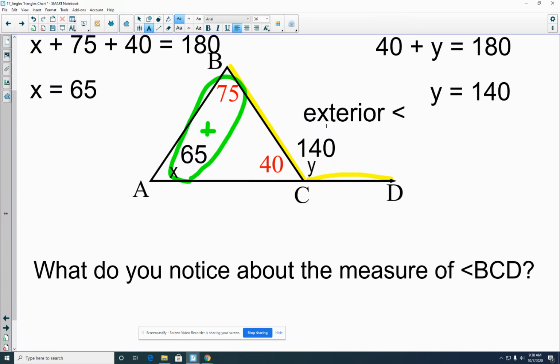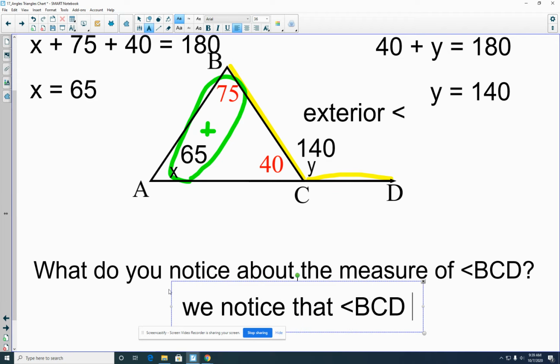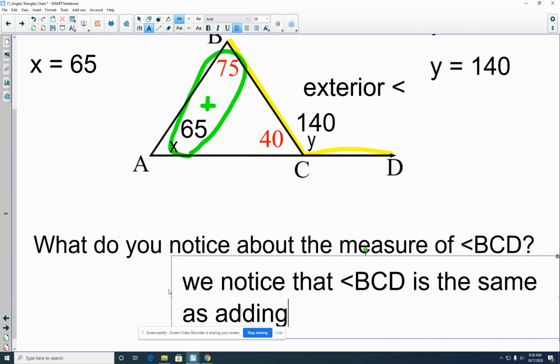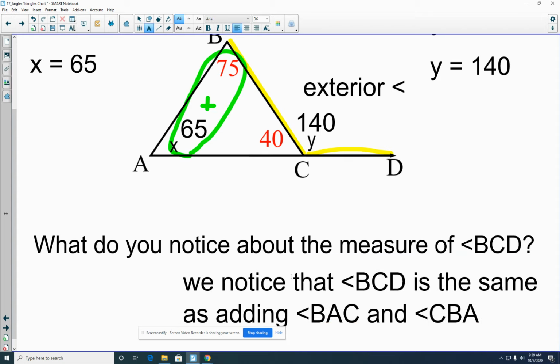This is an exterior angle. These three are interior. This is exterior. So what do we notice? We notice that angle BCD is the same as adding angle BAC and angle CBA.